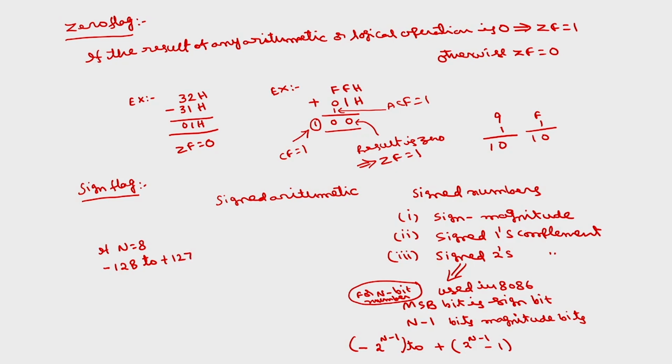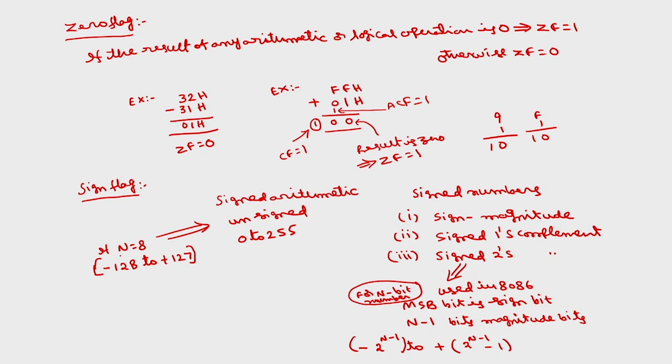So, even though you have 8 bits, this is the range of the numbers that you can represent in signed 2's complement representation. If it is an unsigned number, 8 bits means you can represent from 0 to 255. For 8 bits, in case of unsigned numbers, if I use all the bits for magnitude only, then the range will be 0 to 255.